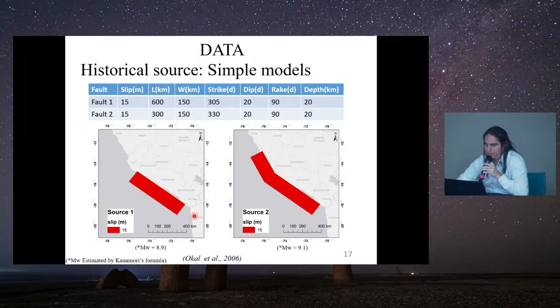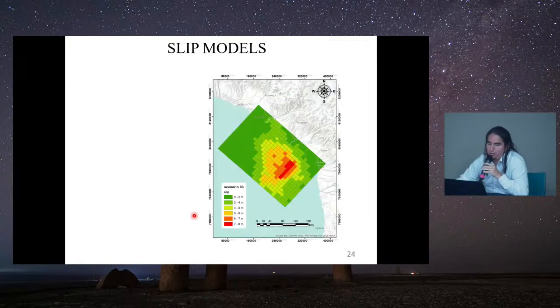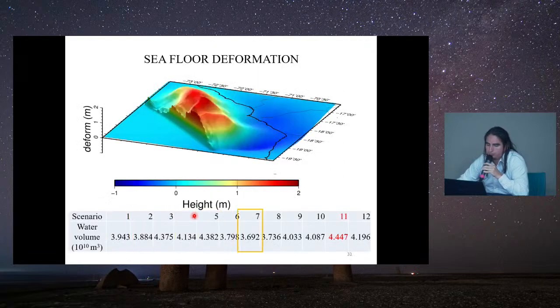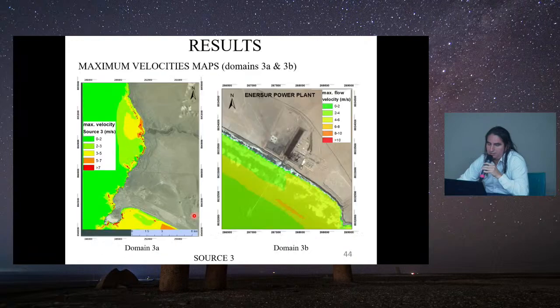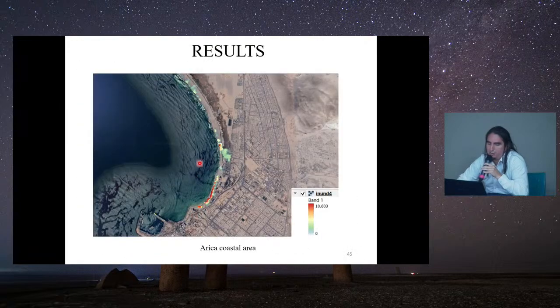Arica is around here, so that's why almost no inundation in Arica. And there is some few inundation around here. And actually, for your tranquility, the hotel where we are staying is around here, so according to my simulation, there is no inundation around the hotel, so this is good.